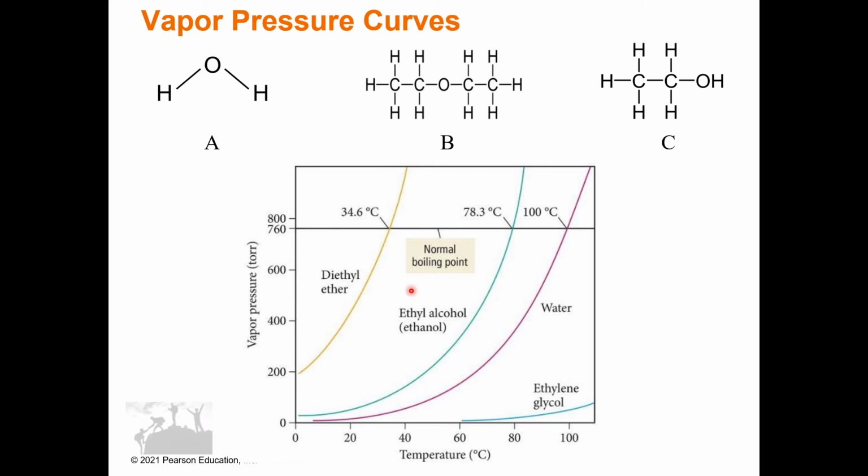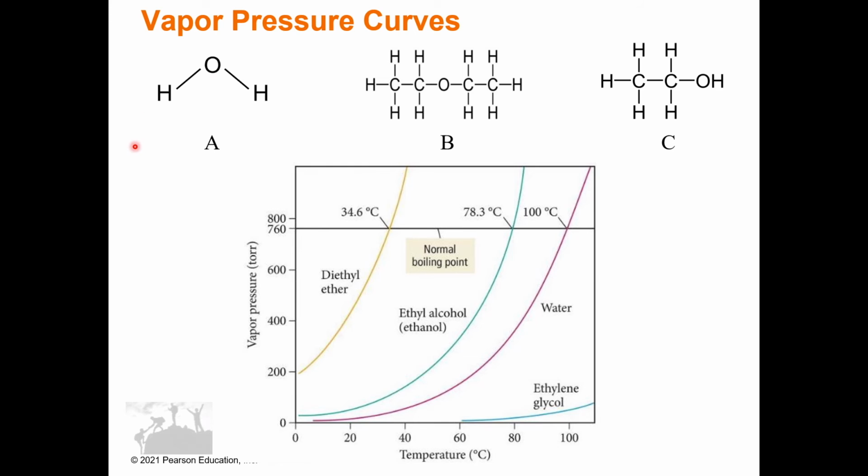Now we're down to ethanol and water. Both of these, A and C, can exhibit hydrogen bonding, but with letter A, we can see that it can bond twice. Why? Because it has two hydrogens directly bonded to an oxygen.